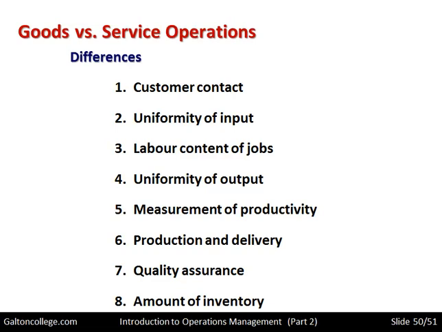The amount of inventory makes a difference between goods and services. In industry, in manufacturing in particular, there are stores that hold items in stock, raw materials, semi-processed goods, components. So the stores will hold an amount of goods. But with a service, the hairdresser doesn't have a stock of anything.